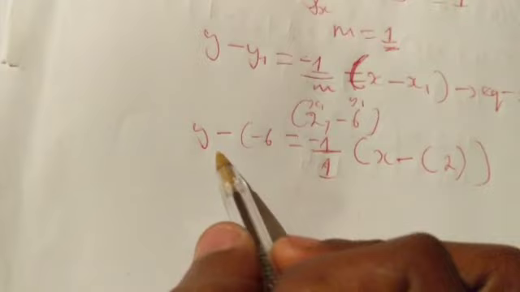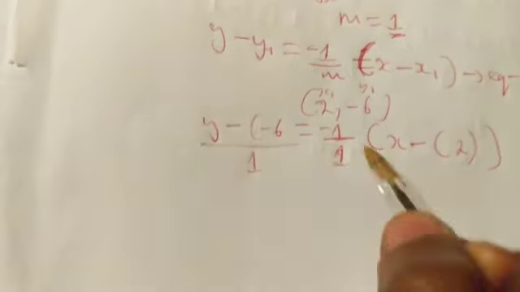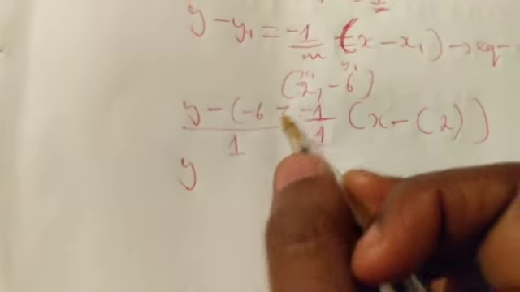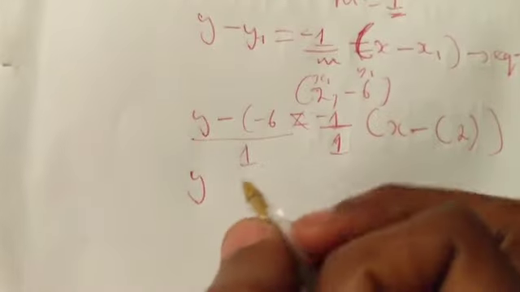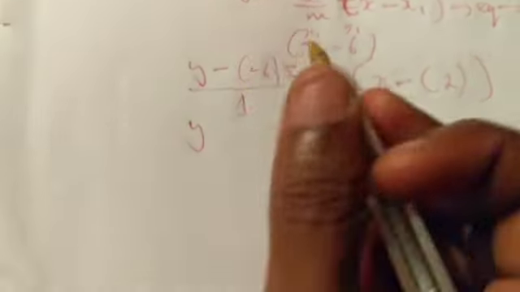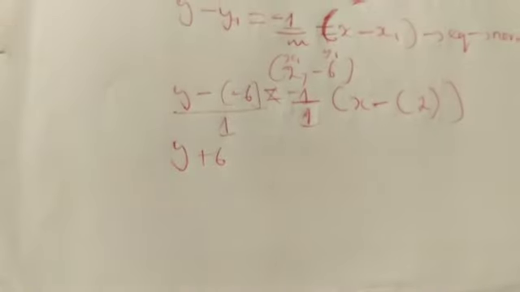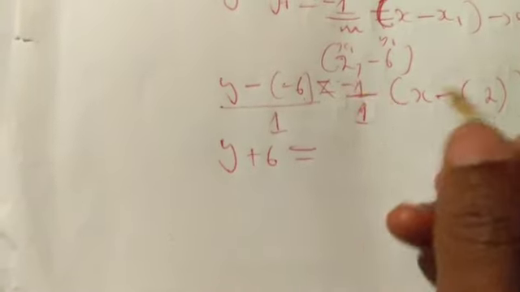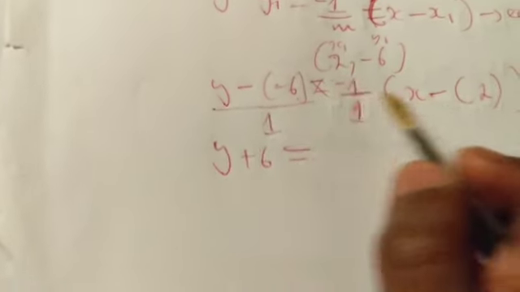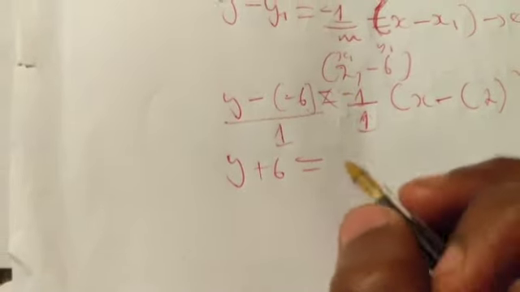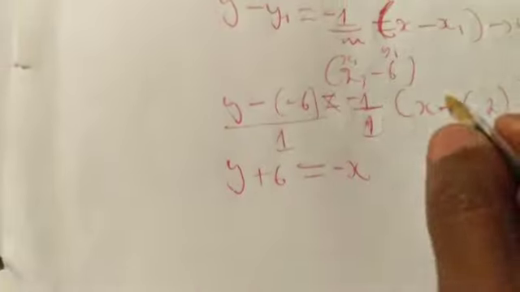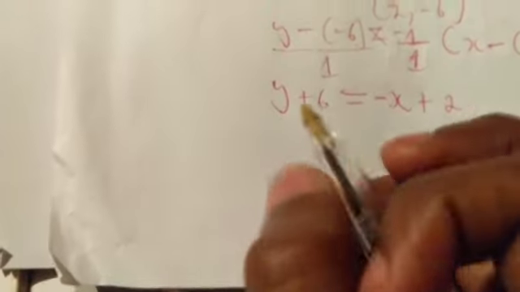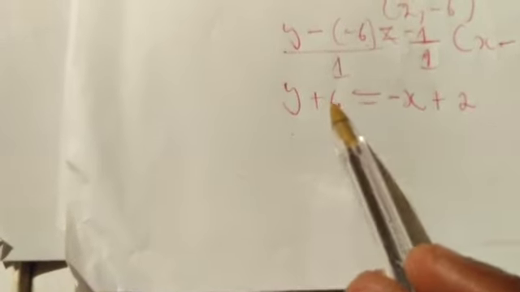So we will cross multiply from here. Negative times negative gives us positive 6. Then the right side, negative 1 will multiply with everything: negative times positive x gives negative x, and negative times negative gives positive, 1 times 2 is 2.